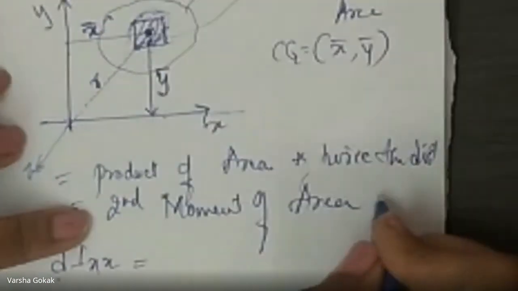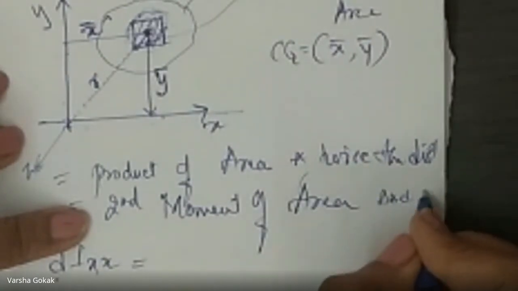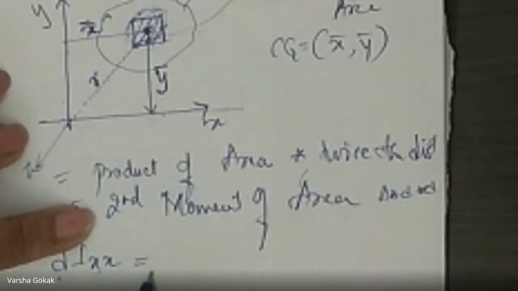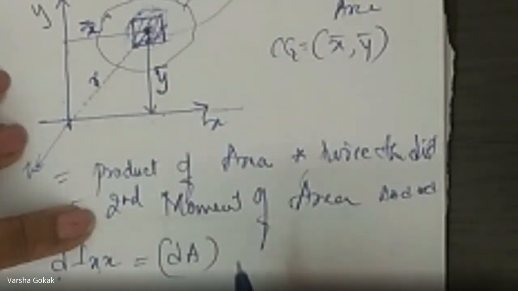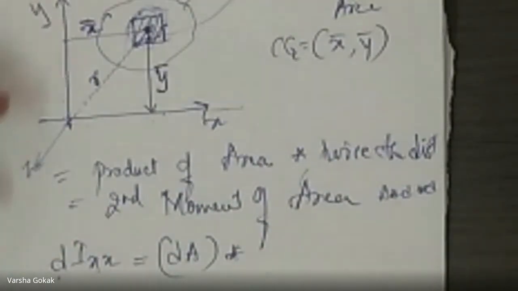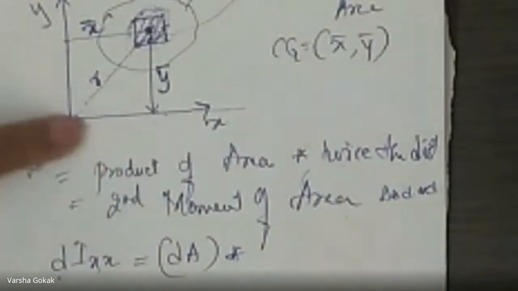What was that equation? Area into distance into distance. So here put area into distance into distance. So I will have dA, that is the elemental area, into, what is the perpendicular distance when I'm talking about the x-axis?